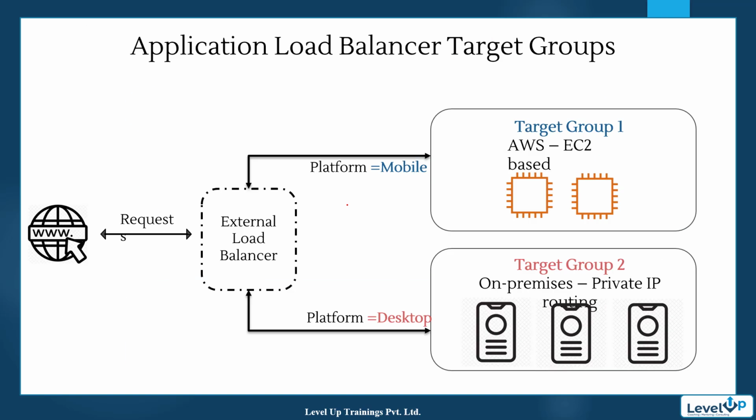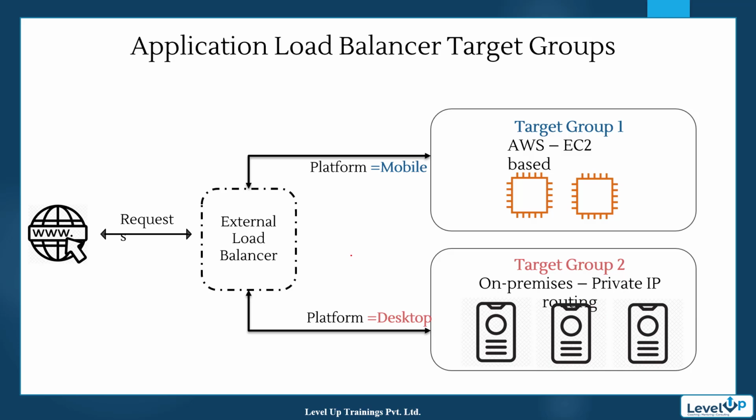Now let us look into one more simple example of the application load balancer and how the target groups work. If you see, we are getting multiple requests from the external load balancer for two applications. One application is called the mobile application, another is called the desktop application. But in this scenario, our mobile application servers are hosted on AWS, and our desktop application is hosted on on-premises servers.